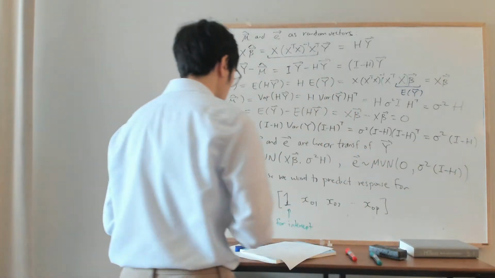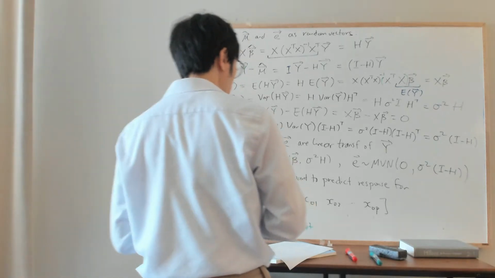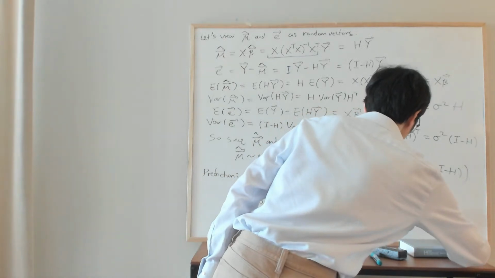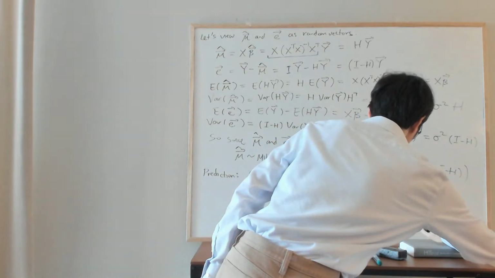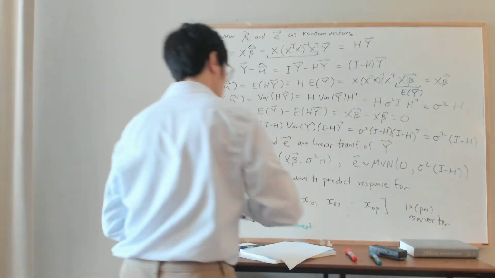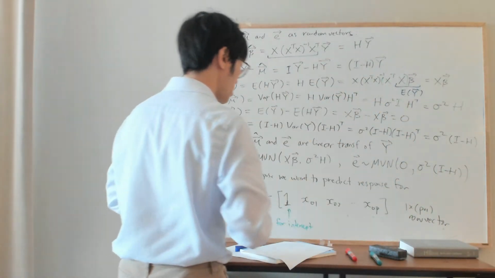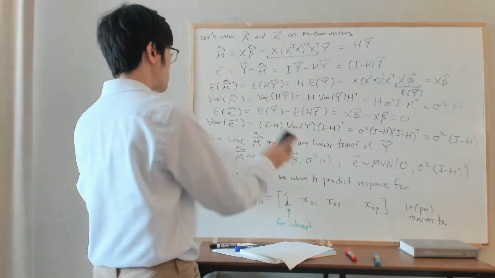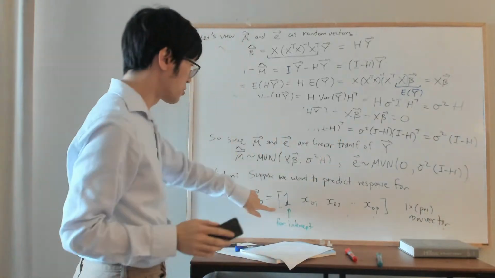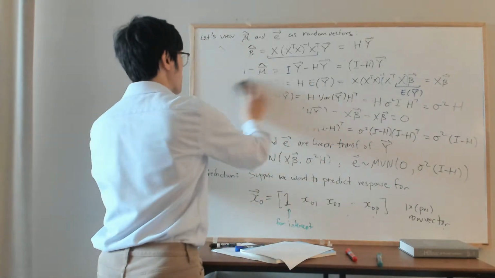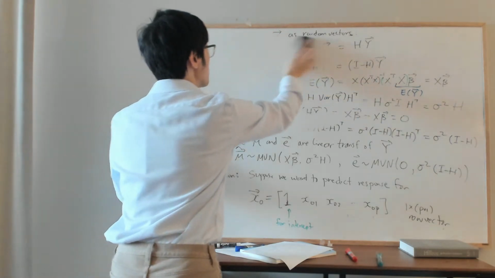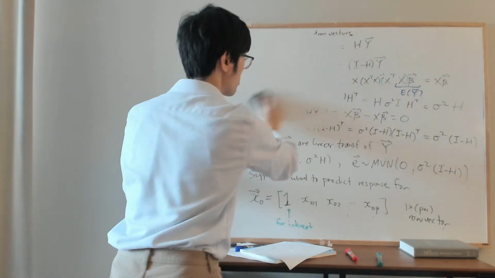So this is a 1 by p plus 1 row vector. Putting the 1 explicitly for the intercept means we can do everything nicely in terms of vectors.